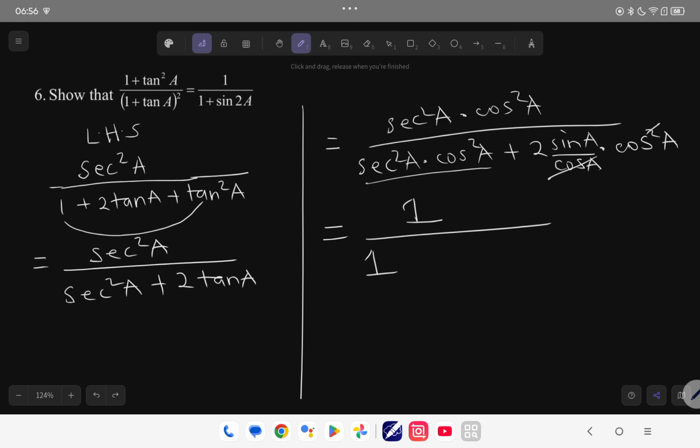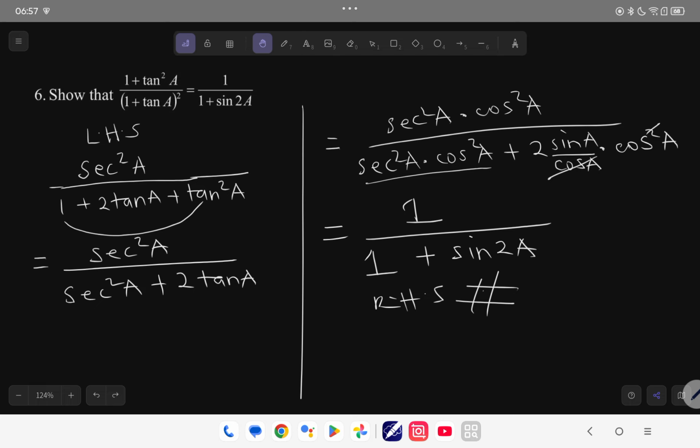Now 2 sin a cos a is sin 2a, which brings us to our right hand side as it was required to be proved.